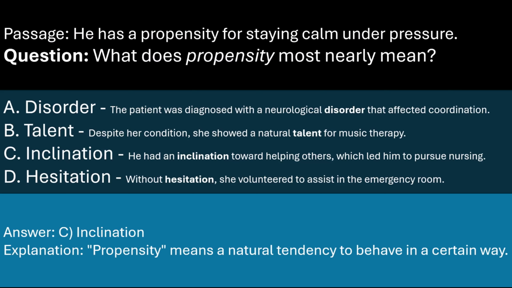Hesitation: without hesitation, she volunteered to assist in the emergency room. So the answer is inclination. Propensity means a natural tendency to behave in a certain way.